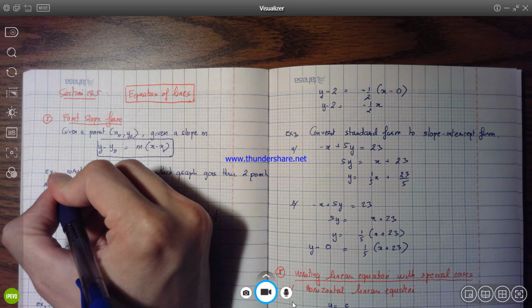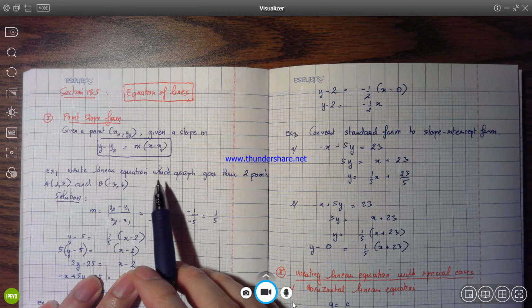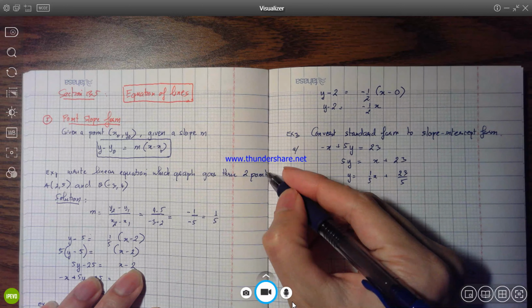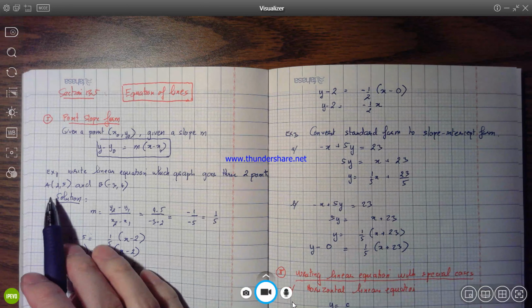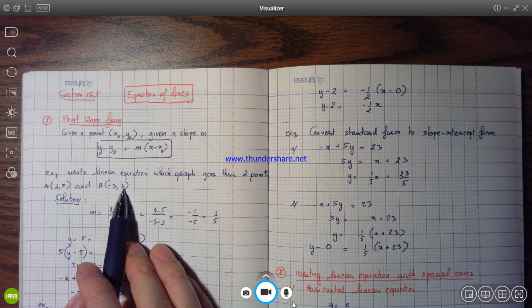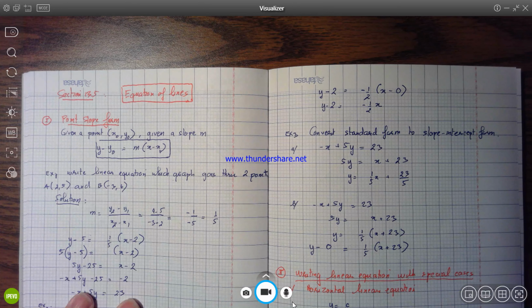Okay, for example, let's jump to our first example. The first example over here, I want you to write the linear equation whose graph goes through 2 points. The first point is point A (2, 5), point B is (-3, 4). In order to write the linear equation, over here we use point-slope form.